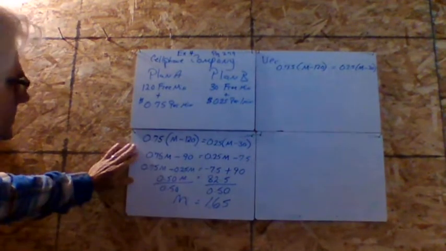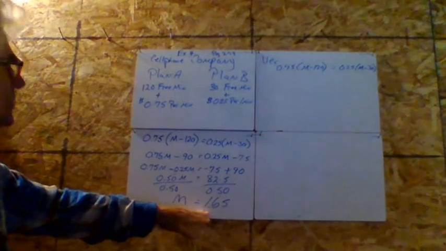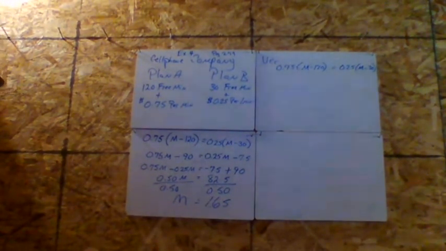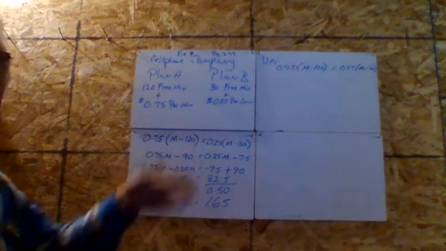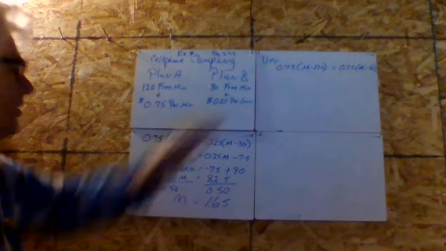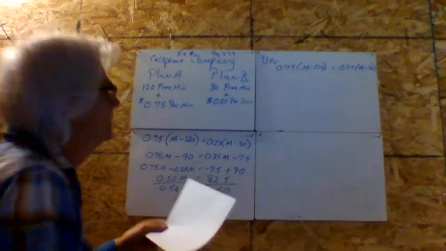Going back to this original part here, what that 165 tells you is that at 165 minutes, both these cell phone companies, or both plans, will be charging the same amount. When you actually go to verify it, you're going to see whether our answer is right, but it'll also tell you what the cost is going to be.